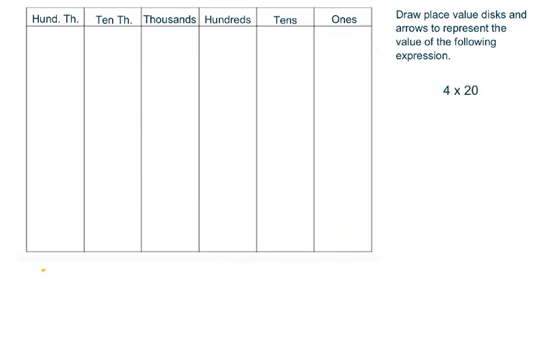Just like we know that 3 times 100 is the same thing as 3 times 10 times 10, I can use that same logic to solve a problem like you see over here on the right, that 4 times 20. Now let's think about how you could represent 4 times 20 in a different way.